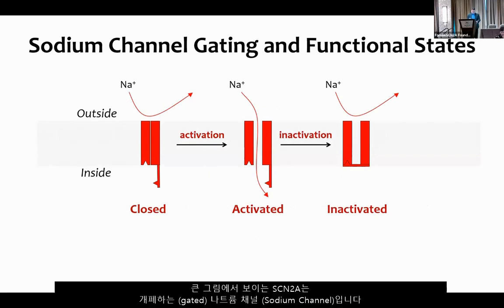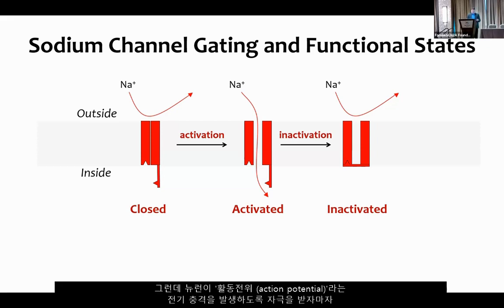Just for big picture, SCN2A is a sodium channel. It's a gated sodium channel. Its activity is modulated by the voltage in the cell and in the cell's membrane. And when a neuron in the brain is not firing, sodium channels are closed. They're not active at all.